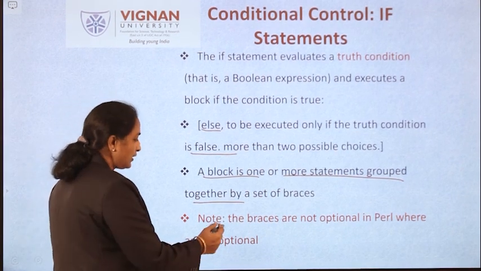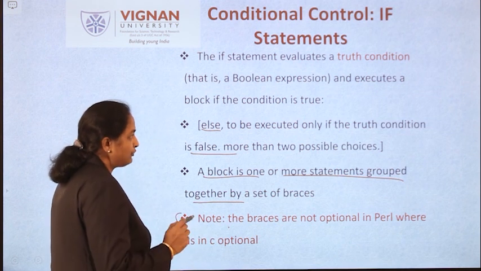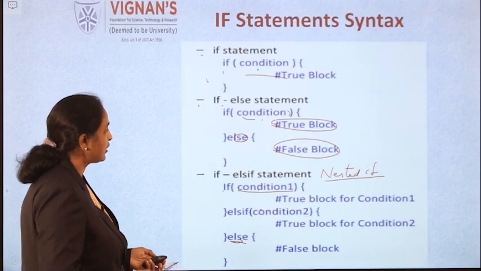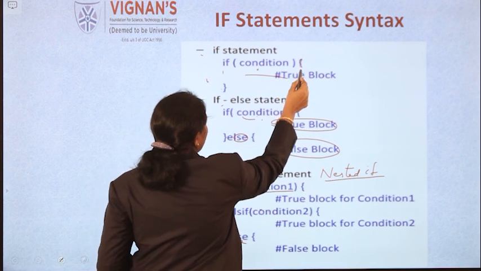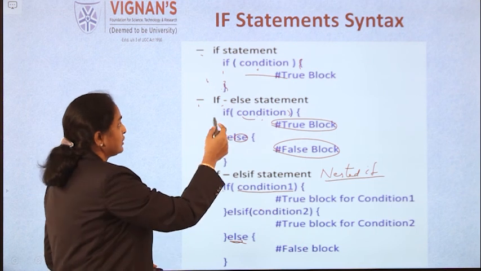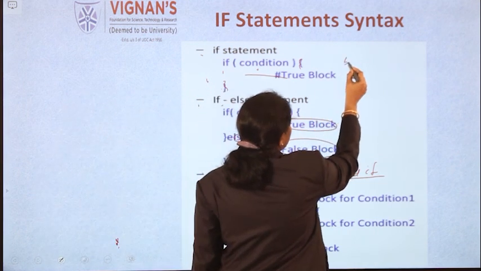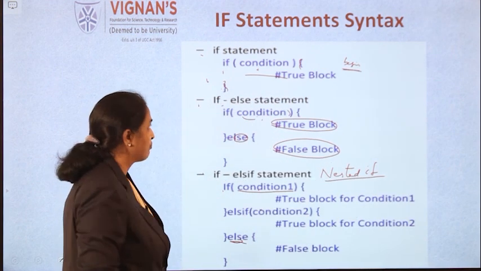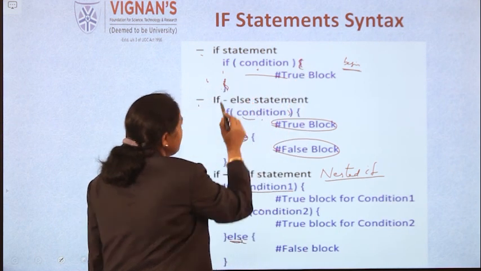And coming to the last point, which you have to remember well: in C, braces are optional. The opening and closing of the block are represented with braces. In VHDL, generally you write begin and end for the start and end of the block, whereas here we represent them with open and close braces.